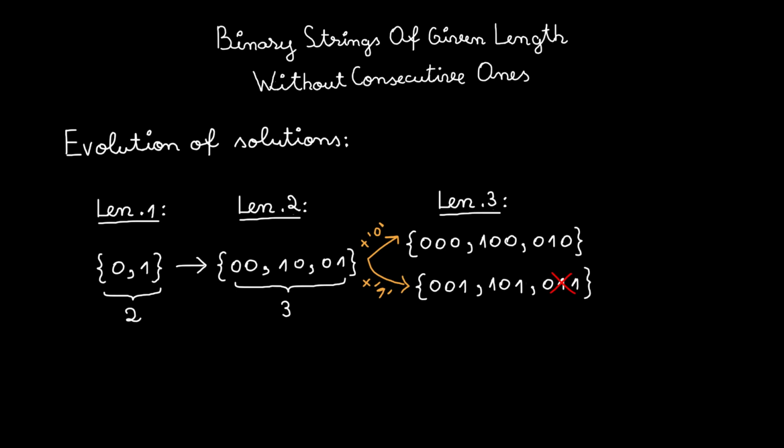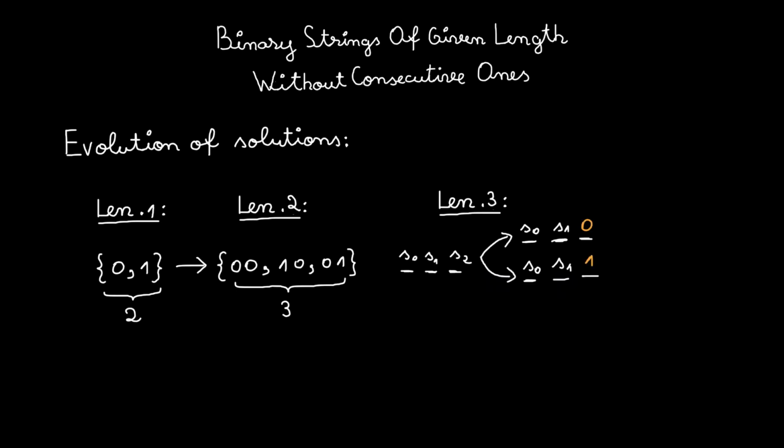Why did this happen? If S2 equals 0, that's fine, there is no constraint on S1. So S0, S1 could be any string from the previous set. But in the second scenario, where S2 equals 1, this doesn't hold true. The problem is when we pick from the previous set a string which has the last character 1.